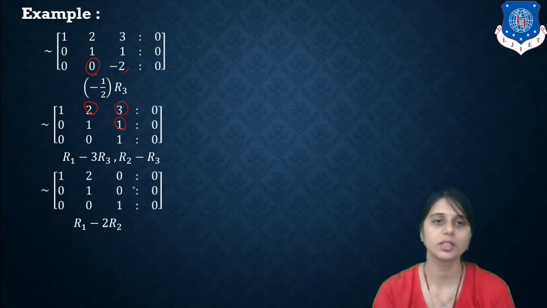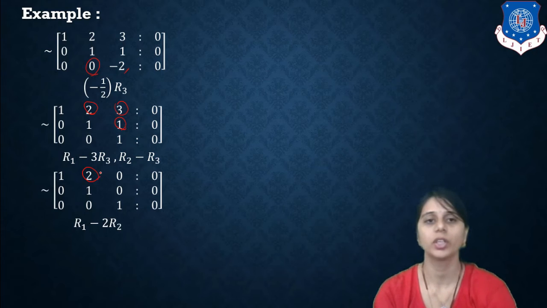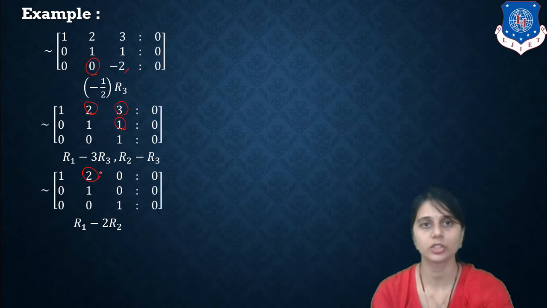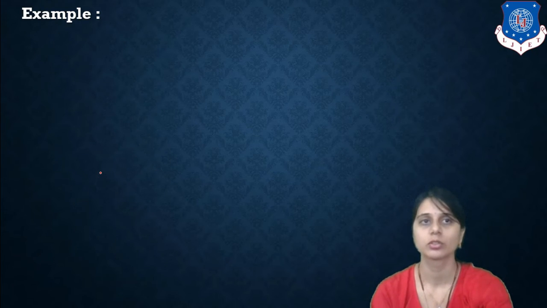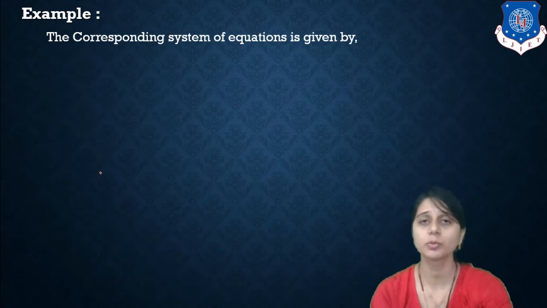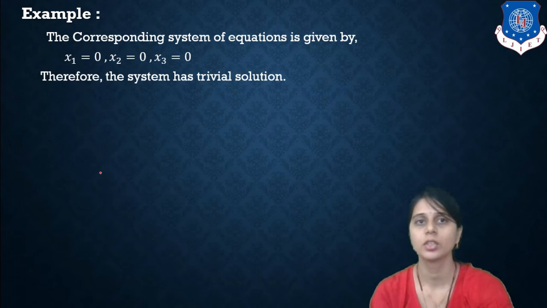To convert this entry into 0, we take the row operation R1 minus 2R2. We get the identity matrix 1, 0, 0; 0, 1, 0; 0, 0, 1. So the corresponding system of equations is x1 equal to 0, x2 equal to 0 and x3 equal to 0. Therefore the system has the trivial solution.